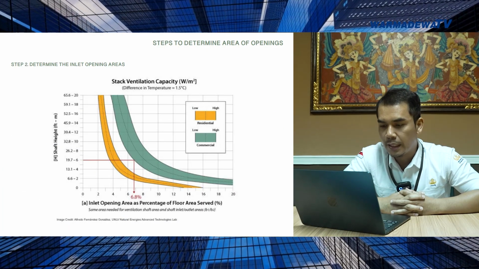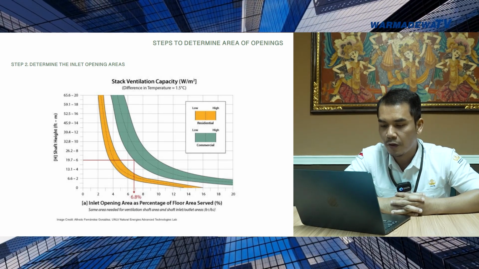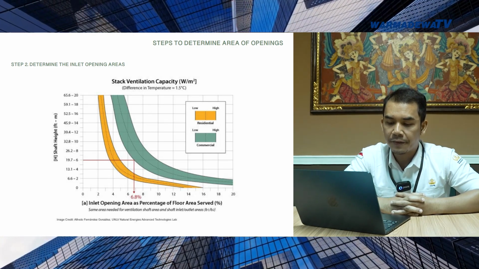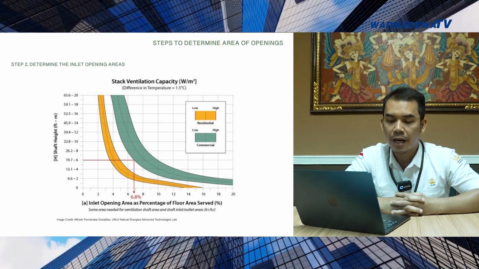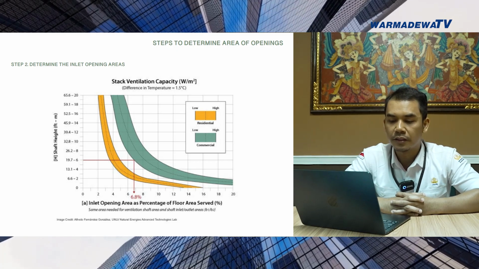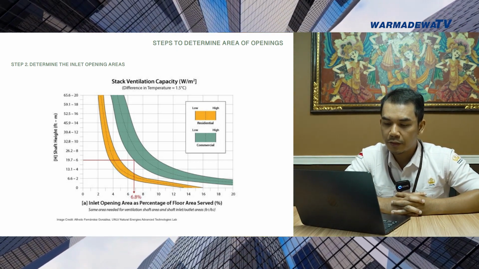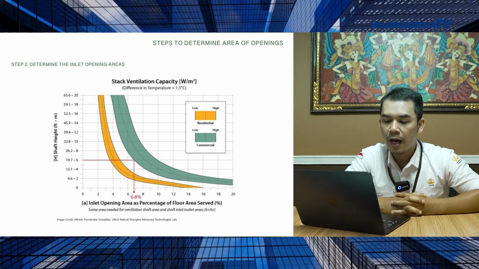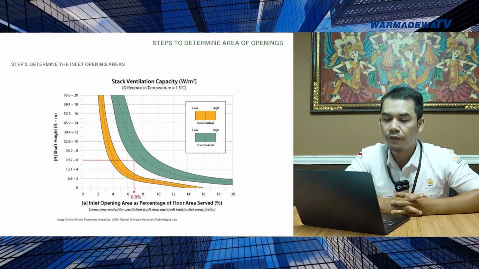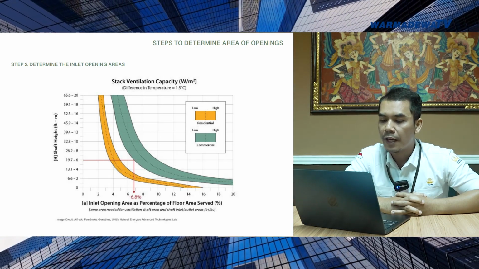So how do we determine the size of the inlet openings based on this diagram? First, we must design the size or the height of the shaft itself. For example, if the height of the shaft is 6 meters, then we must draw a straight line from the height indicated on the vertical diagram straight towards the S-curve.